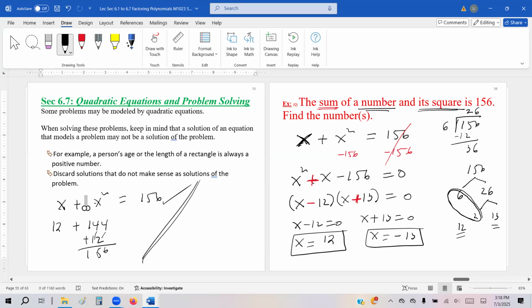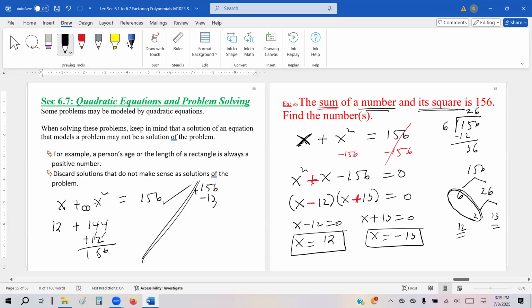And now it is -13. So -13 plus, what is -13 squared? I forgot. 196? Sorry, 169. I'm confused. 12 squared is 144.